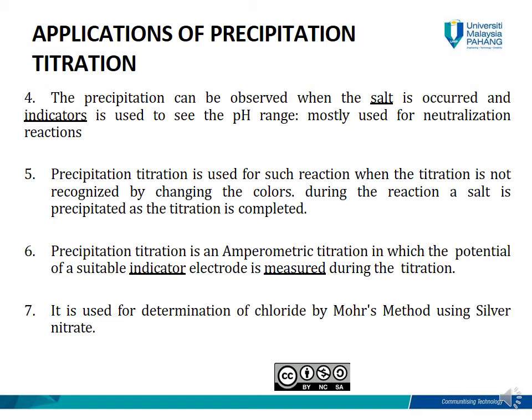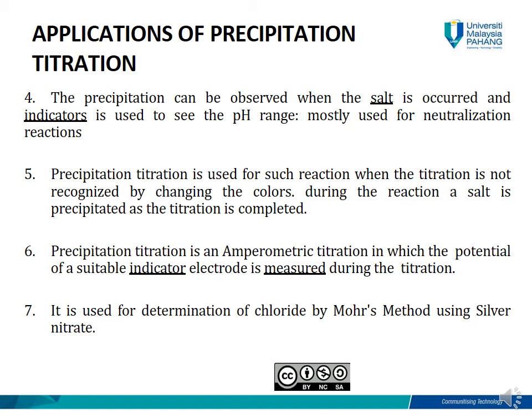The sixth one is amperometric titration, where we implement electrochemistry, and we can observe the potential as a signal and use a suitable indicator for this kind of titration.